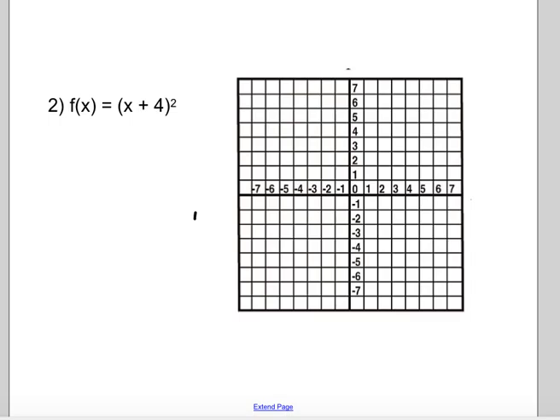So thinking about that, if you always have in mind that other graph and what the ordered pairs there are, it was 0, 0, negative 1, 1. So 0, 0, if I move it 4 to the left, 1, 2, 3, 4, it's sitting over there at negative 4, 0 now.